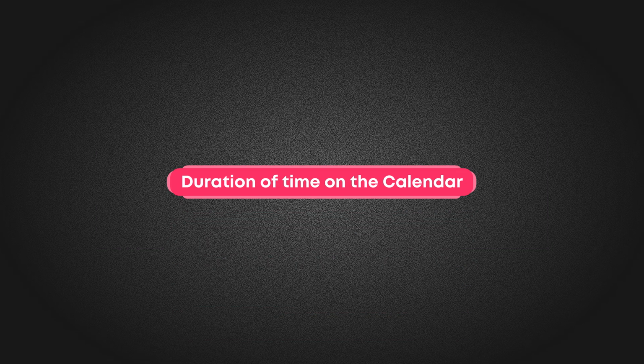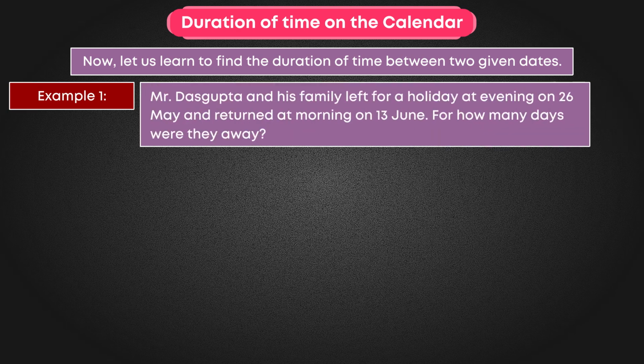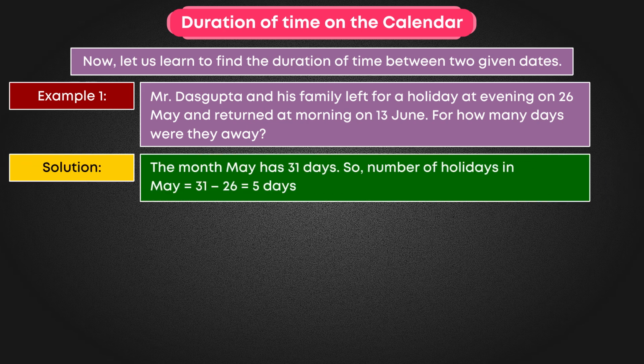Duration of time on the calendar. Now, let us learn to find the duration of time between two given dates. Example 1. Mr. Das Gupta and his family left for a holiday at evening on 26th May and returned at morning on 13th June. For how many days were they away? Solution. The month May has 31 days.